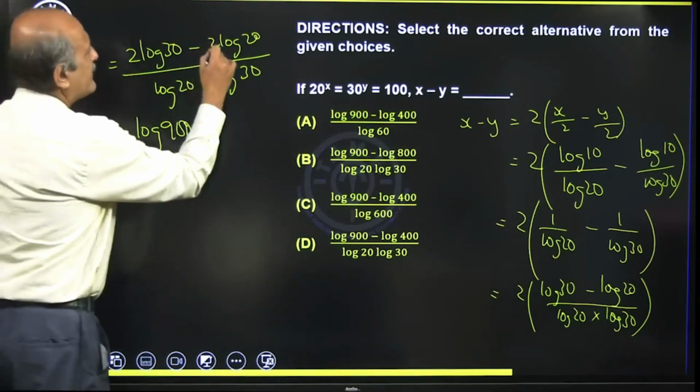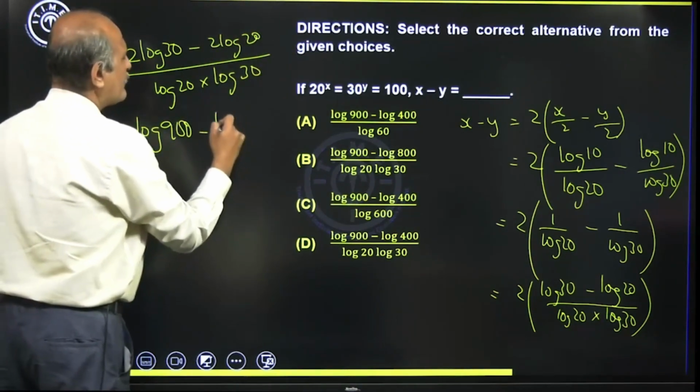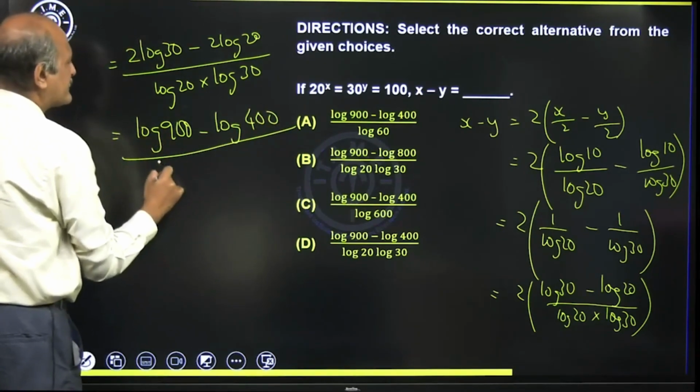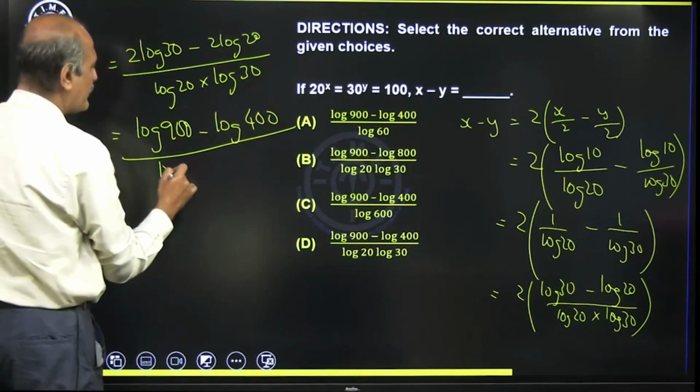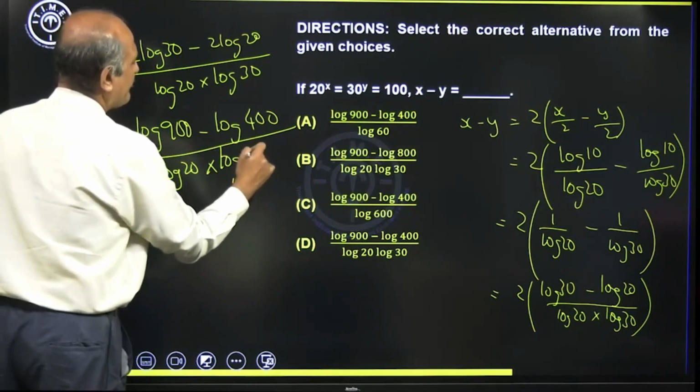Minus, 2 log 20 is the same as log 20 square, which is log 400. So this is log 900 minus log 400 divided by log 20 into log 30.